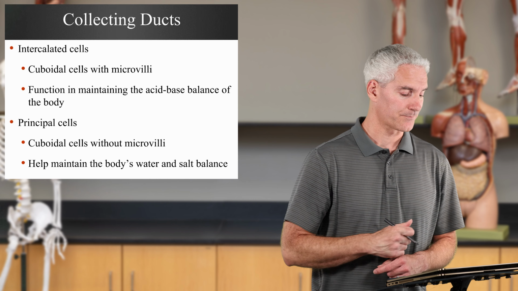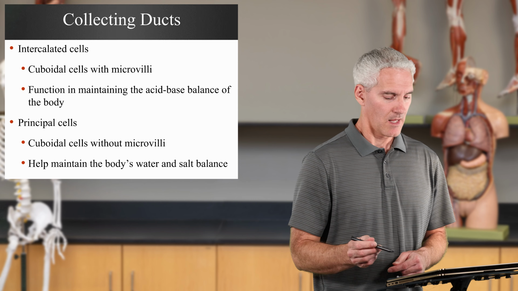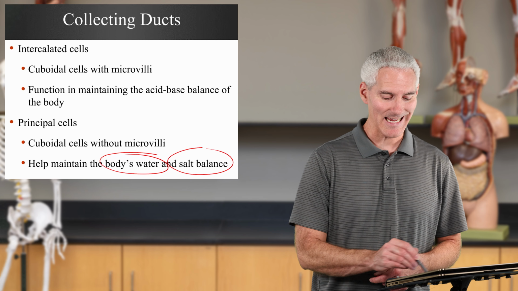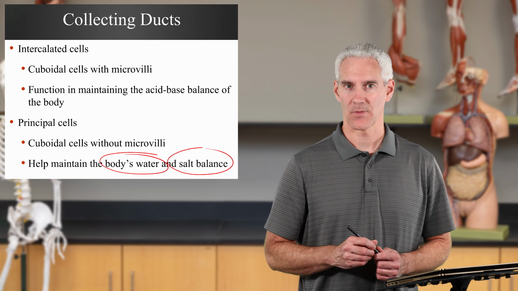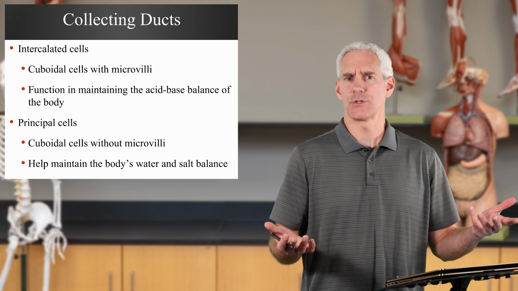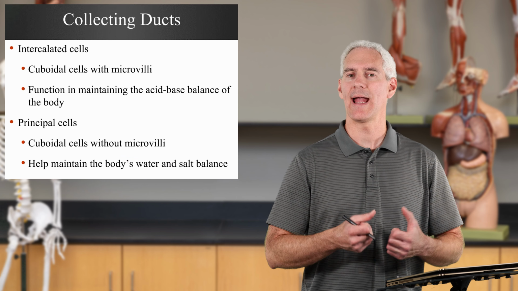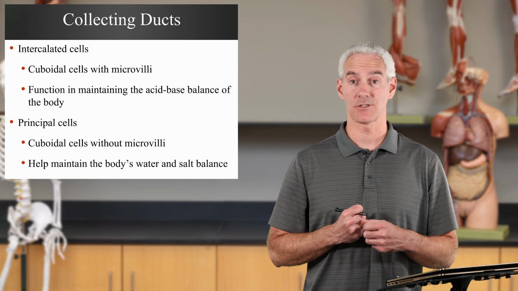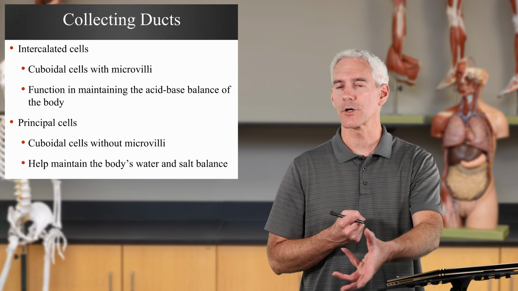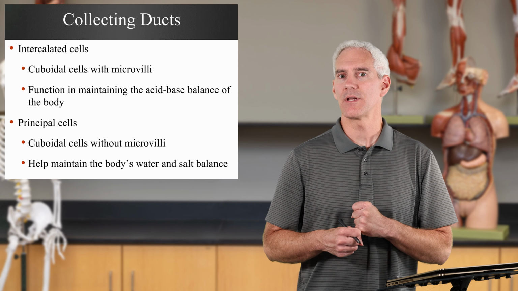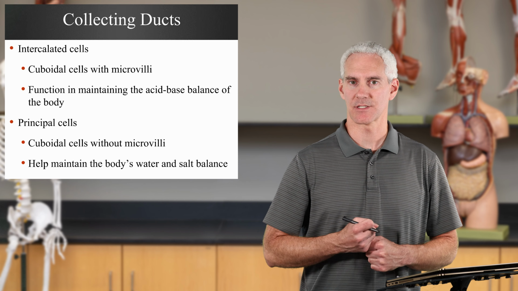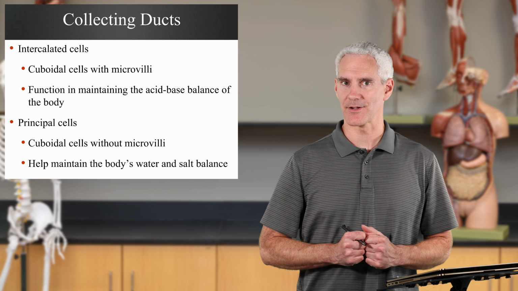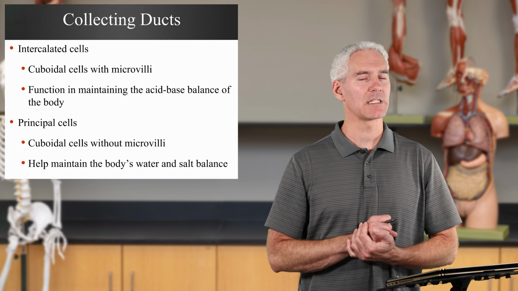The other cells are principal cells. Now these principal cells deal with the body's water and salt balance. Now you say, well, water and salt, those are two different things. They go hand in hand. Because if you retain salt, sodium chloride, water wants to follow because you want to dilute the salt. So both salt and water balance makes sense to go together. And that's now these principal cells.